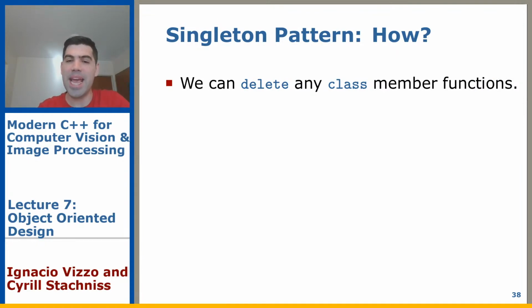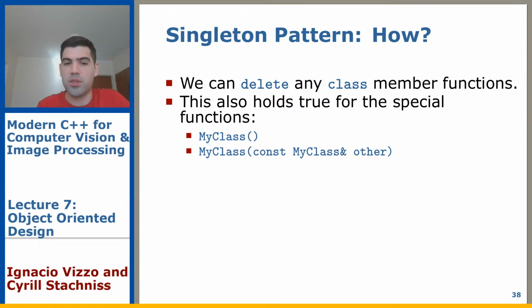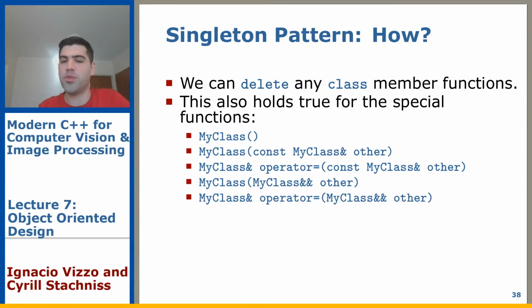We can delete any class member function, as we saw, for example, with virtual methods where you set equals to 0, then you delete this function. We also saw it in the previous lecture. This also holds true for special functions like the constructor, the copy constructor, the copy assignment operator, the move constructor, the move assignment operator, and the destructor.